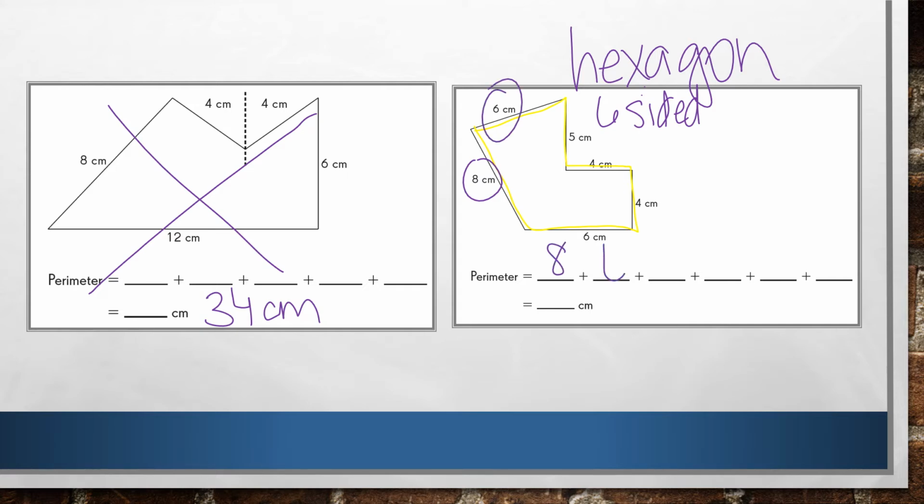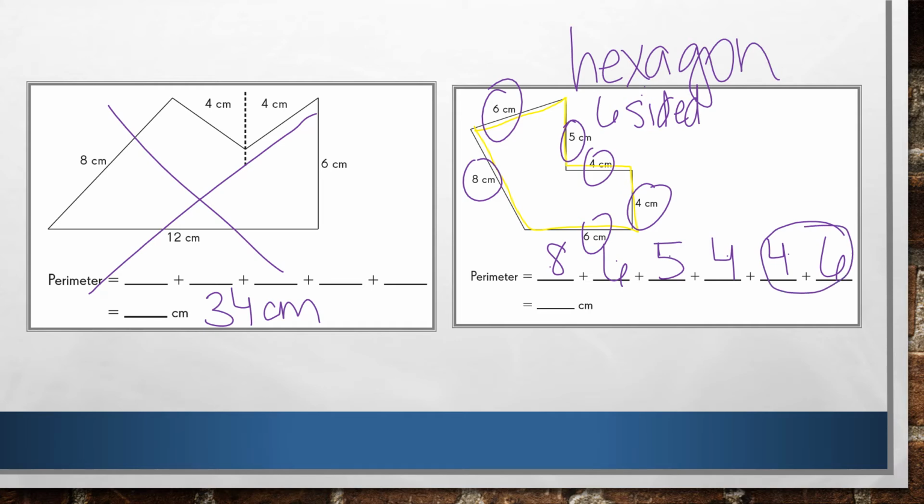So 8 plus 6, 5 plus 4 plus 5 plus 4 plus 4 plus 6 plus 4 plus 6. One way to check that you have all of the numbers in here, it's easy to make a calculation error or to forget a side. I can see that I have 1, 2, 3, 4, 5, 6 sides that I'm adding up, and so that helps me to see that I got all of the sides because I have 6 numbers that I'm adding together.